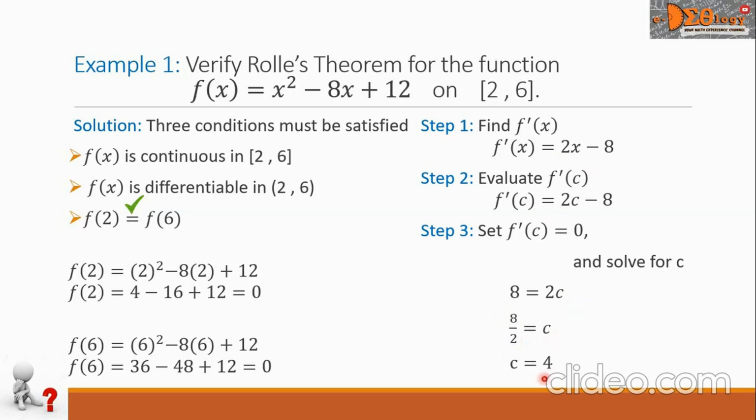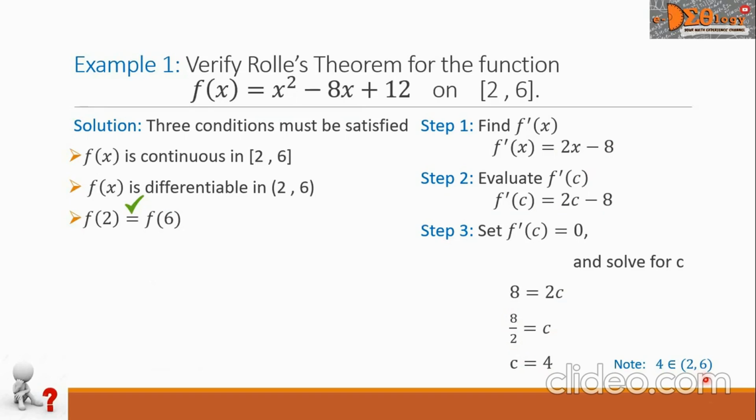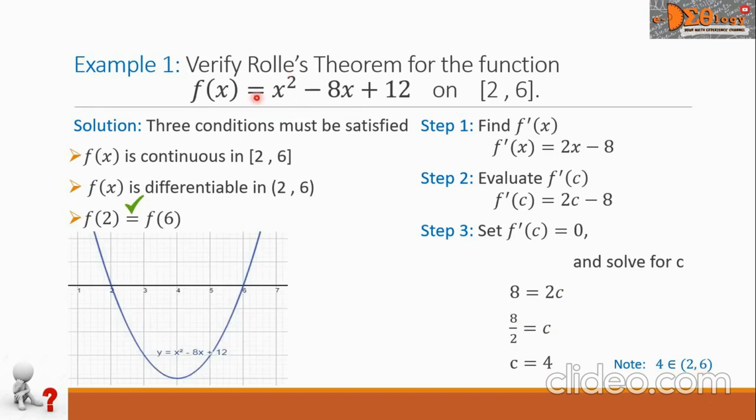So the value of c equals 4. Take note that this number 4 is inside the open interval from 2 to 6. Showing the graph of our function here, the x squared minus 8x plus 12, we have a parabola.